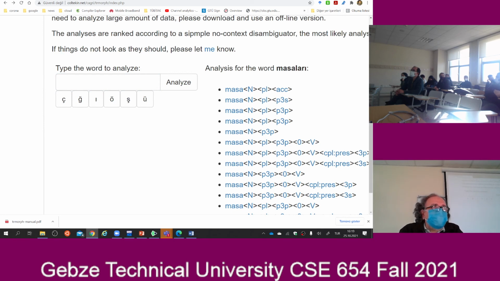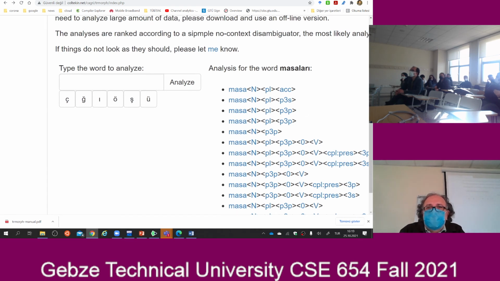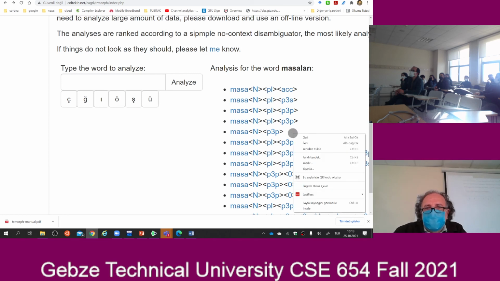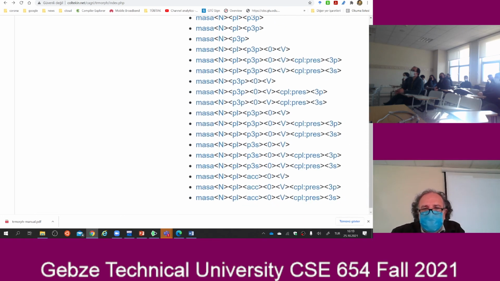Bring me the tables. The second one is his tables. How about this one? Their tables, right? This one is the same thing. How about this one? Masa, it thinks that masalar is another noun. Do we have any interpretation about the verbs now?